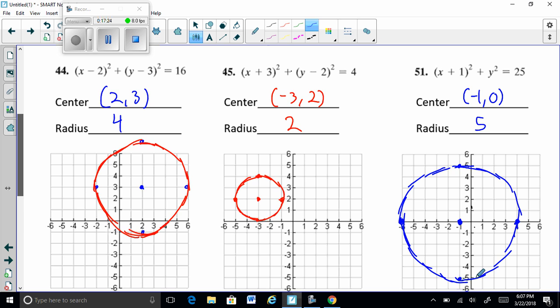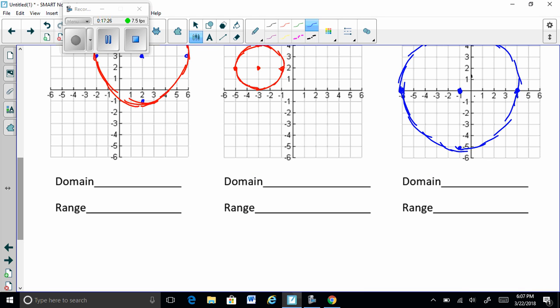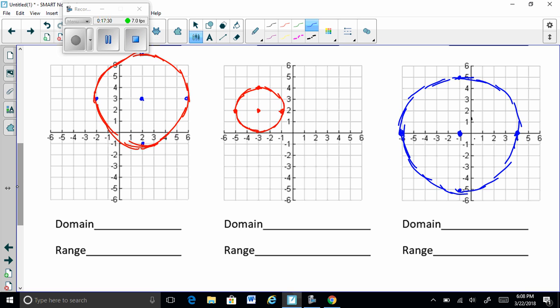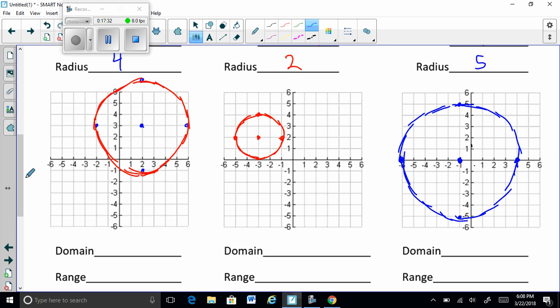All right, and so then the last part that we couldn't see yet was the domain and range part. Okay, so the domain on the first one, you just look from left to right. So from -2 to 6, pretty basic. Range, bottom to top.